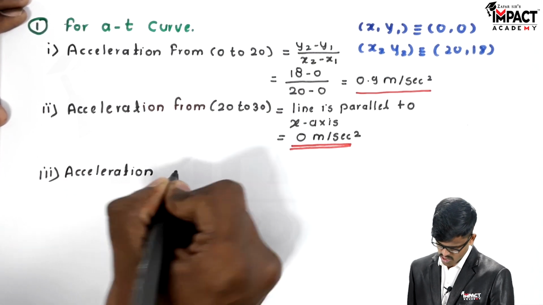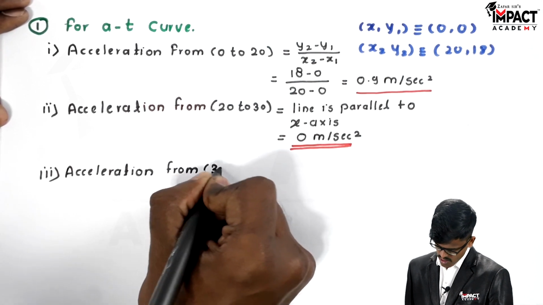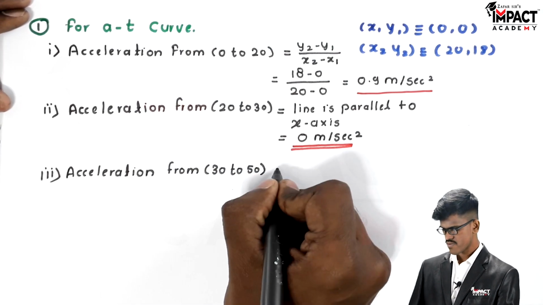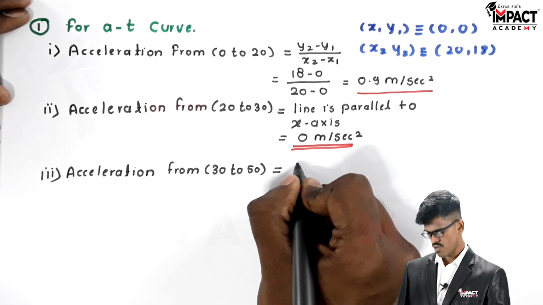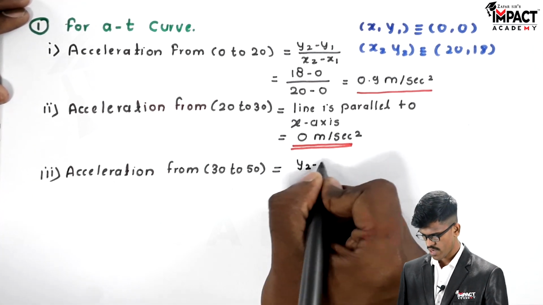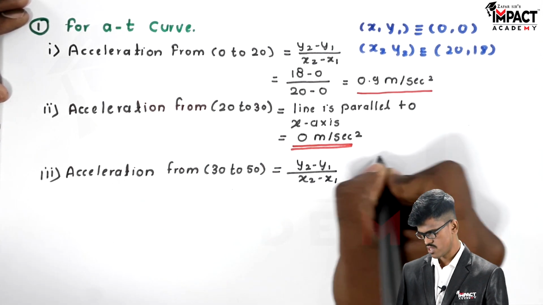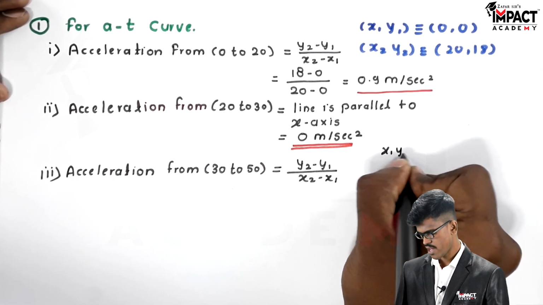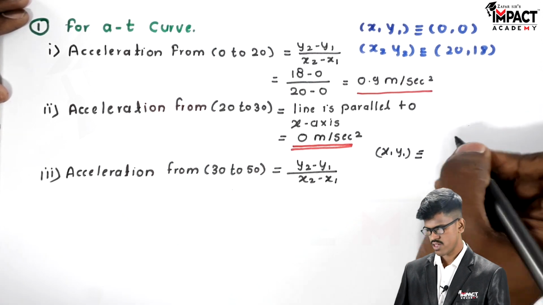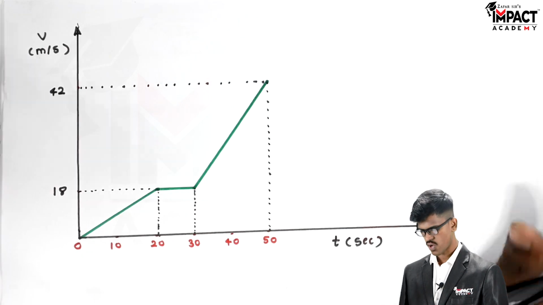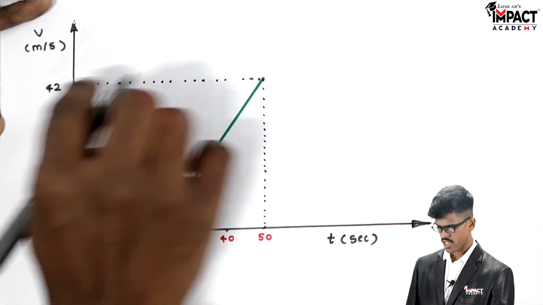Acceleration from 30 to 50: y2 minus y1 upon x2 minus x1. Here x1, y1 is 30, 18, and x2, y2 is 50, 42.